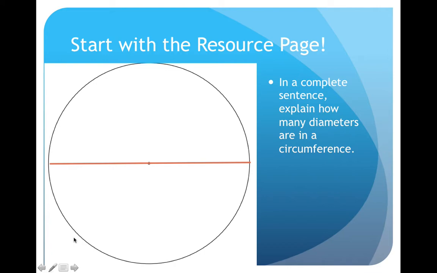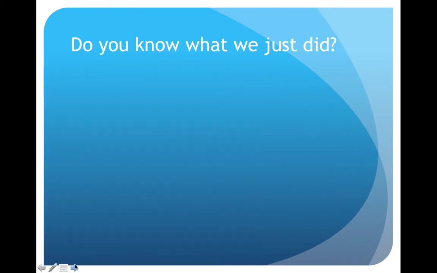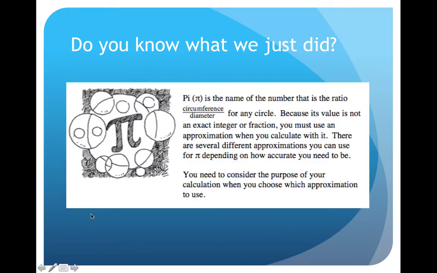In a complete sentence, explain how many diameters are in a circumference. Write this below the circle as well. You should have found that there are slightly more than 3 diameters. All of this is going to relate to pi.